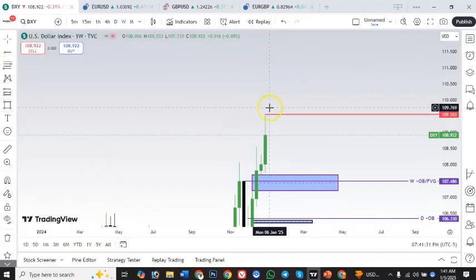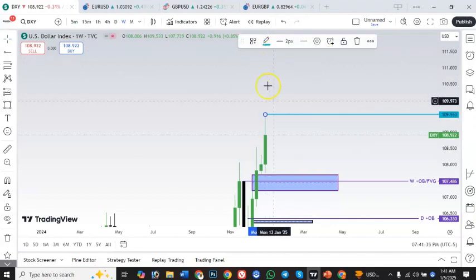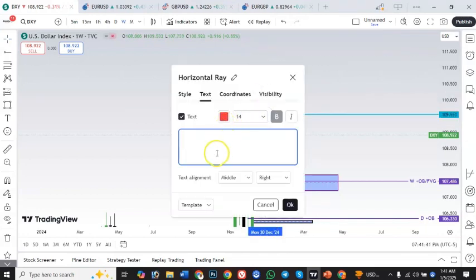The thing I have right here is the previous week high, buy side liquidity, like I always tell you people. I'm going to change its color. Previous week high, buy side liquidity.